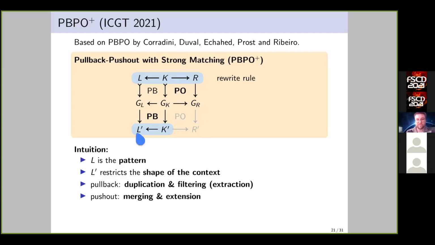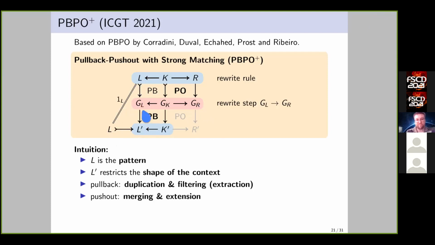So in this together, this pullback for extraction and duplication and this push out for merging and extension gives an extremely powerful formalism. So this is our rewrite step that we obtain. We have now a rewrite step from GL to GR. And we have extended this with a strong matching condition.